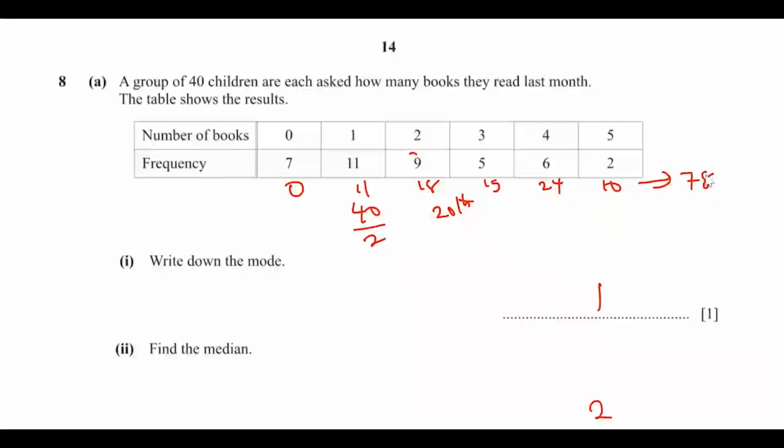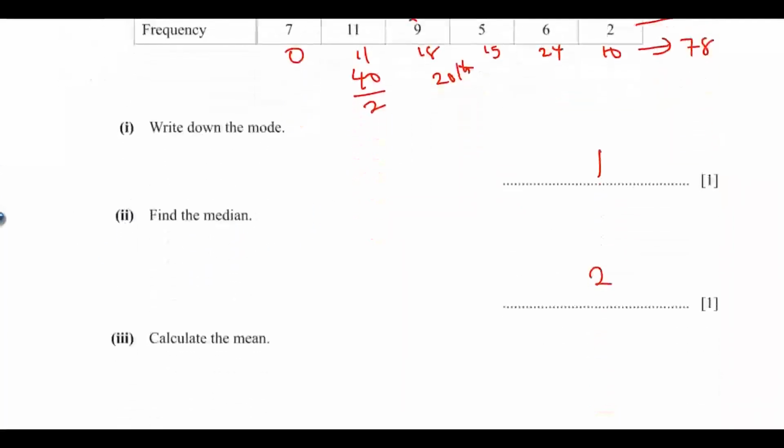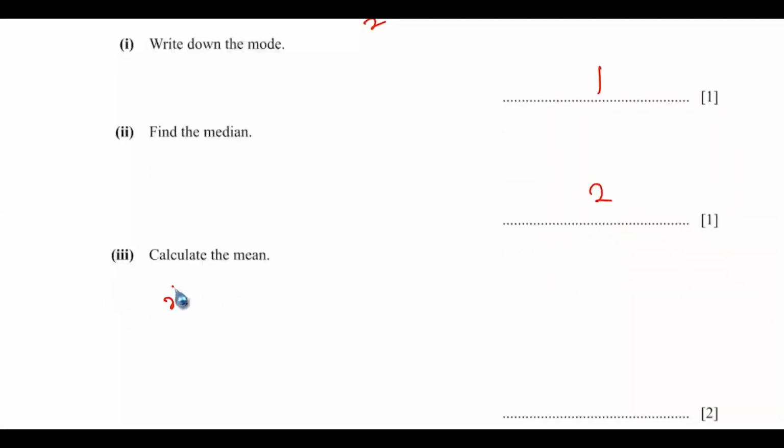That should be the total, and the sum of the frequencies is 40 already, because we have 40 children, so it's easy now. The mean, denoted by this sign, is equal to the total, 78, divided by 40. This will give us 1.95. So that will be the mean, 1.95.